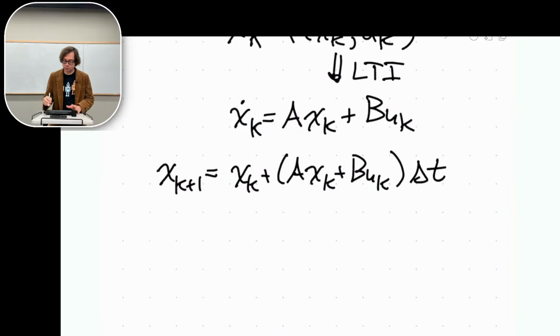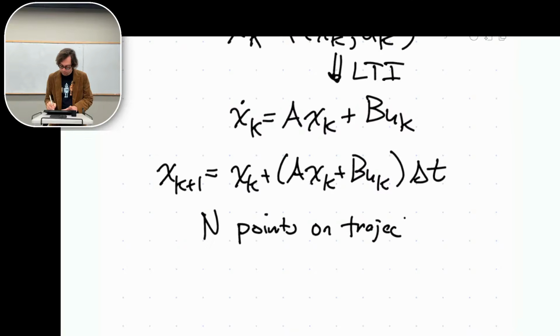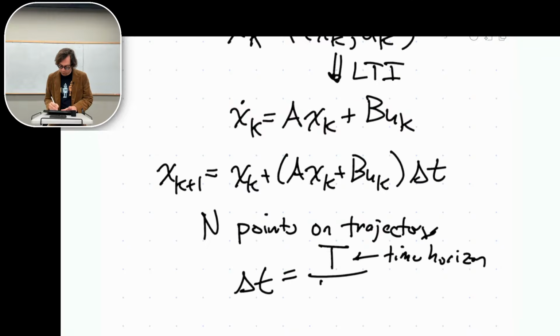Well, if you have n points on your trajectory, that would make delta t equal to the total time of your trajectory, capital T, your total period, your time horizon, over n minus 1.